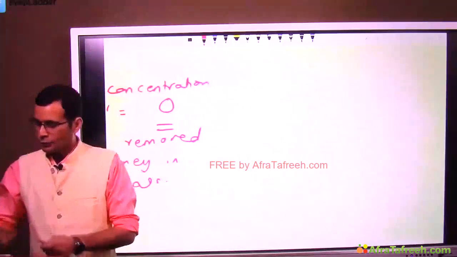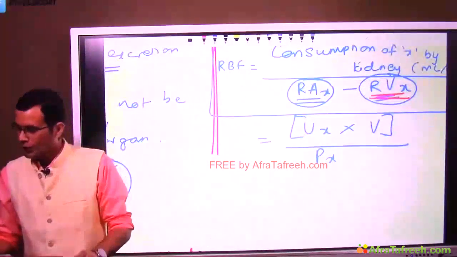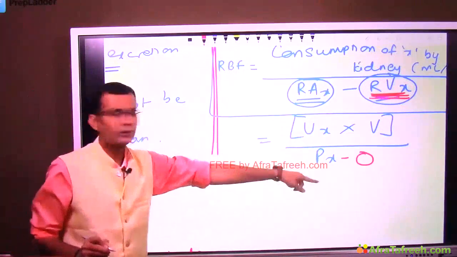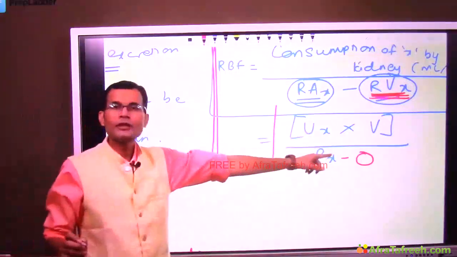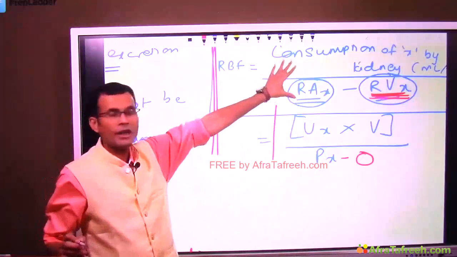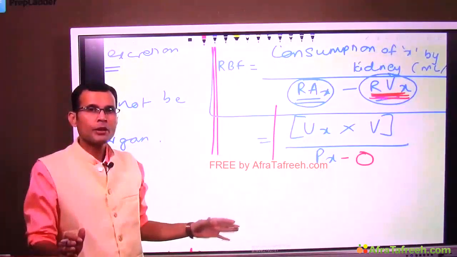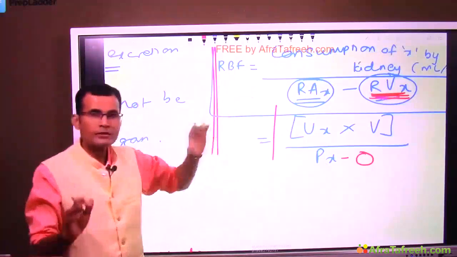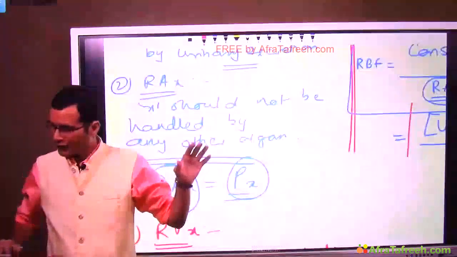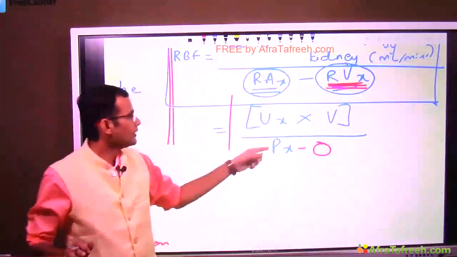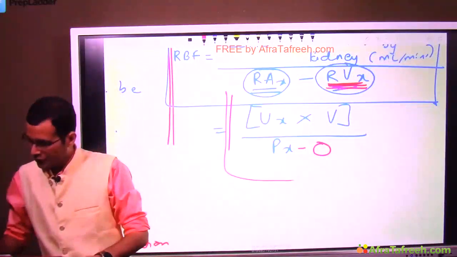Right? So if you look at the equation now, renal venous concentration should be 0. Now you can look at the equation. We started with the Fick equation for the measurement of blood flow to an organ. But if that substance X follows these 3 criteria, then the same equation now has become what?